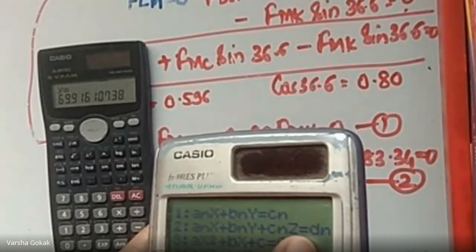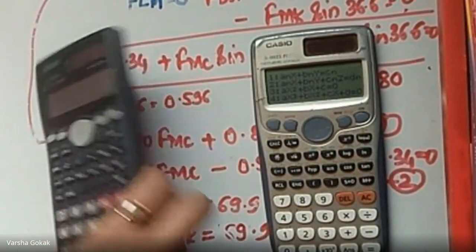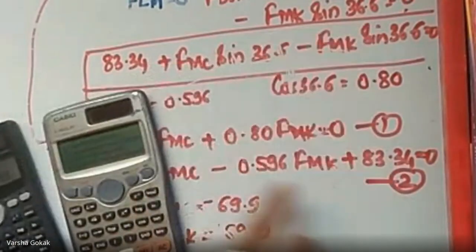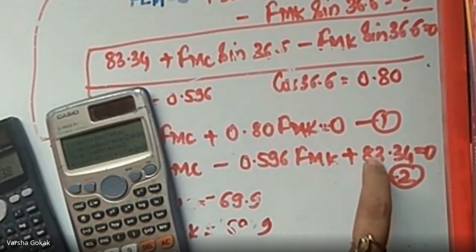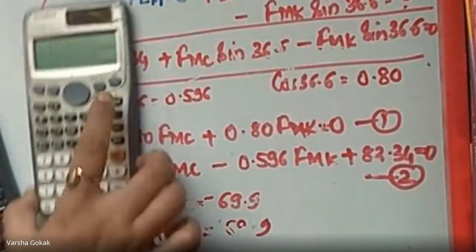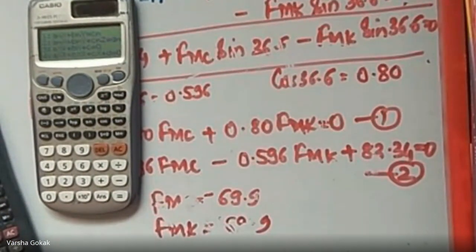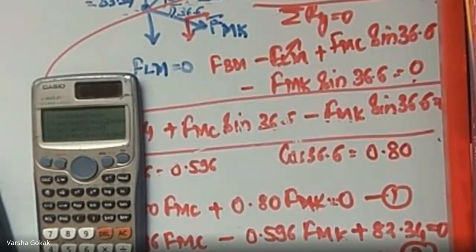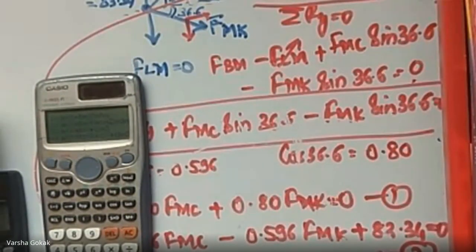Second one also is equal to D, E, and F. This fellow will take AX plus BY equal to C. So the constant value, I will substitute it with minus C. That is, I have to substitute this with minus 83.34 in this calculator. In the black one, I will substitute it as it is, plus 83. So FMC is minus 69.9. FMK is plus 69.9. Okay. So FMC is minus 69.9. FMK is plus 69.9.